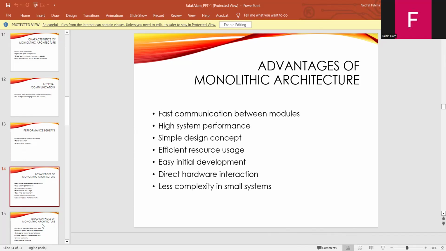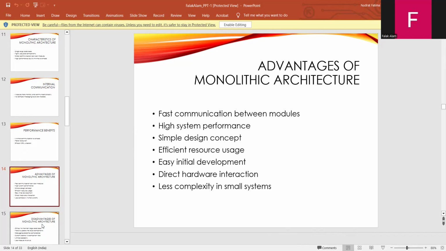Monolithic architecture often offers several advantages, and the most important advantage is fast communication between modules, where all components operate within the kernel since they interact directly without additional overhead. Since there is no additional overhead, the components interact with each other very smoothly.